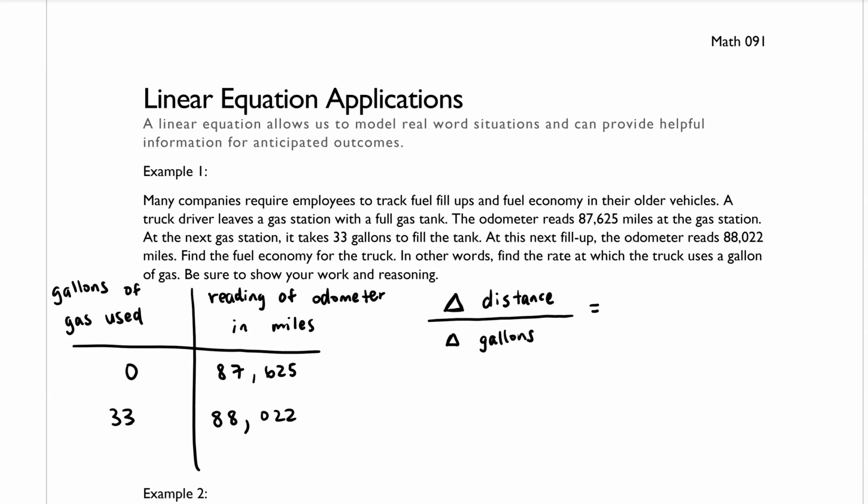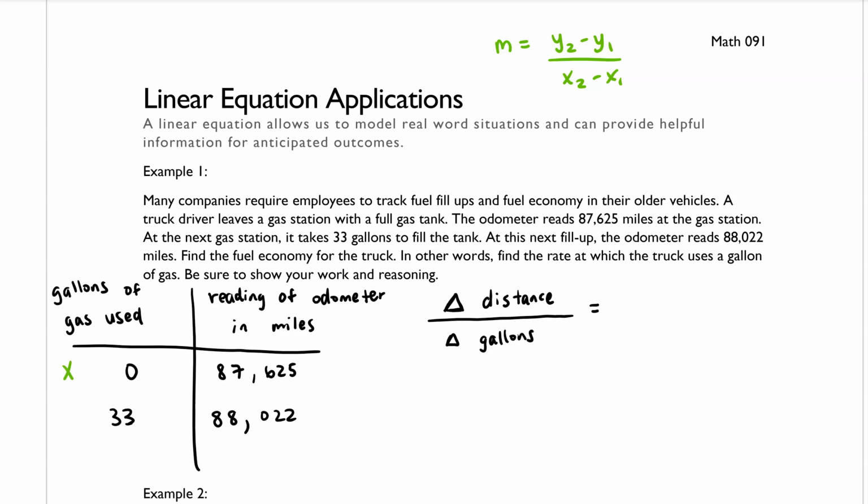You might have seen the slope formula as well: m equals y2 minus y1 over x2 minus x1. This helps you find the average rate of change, the constant rate of change, or in other words, the slope.